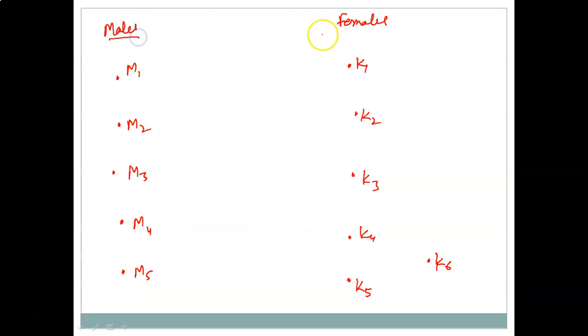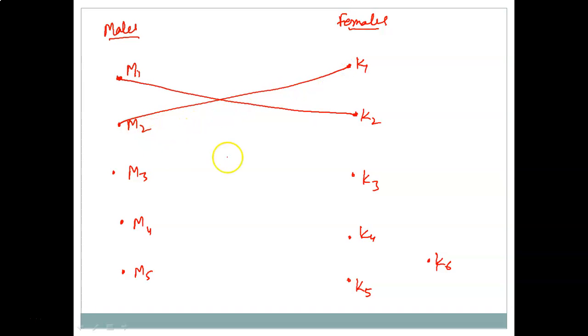Then we have to find a matching here. Normally, when preference orders are given, suppose first we look at the preference of the males. He is giving the first preference to the female K2 and the second preference to K1, and like that, and not giving any preference to the others. So based on the preference, some weights are assigned here. Suppose M1 is giving preference 1 to K2 and preference 2 to K3.